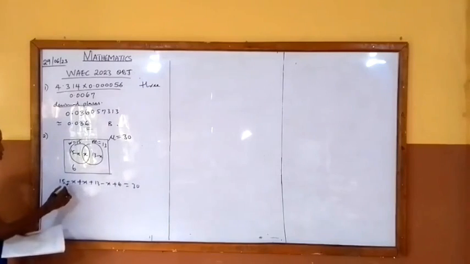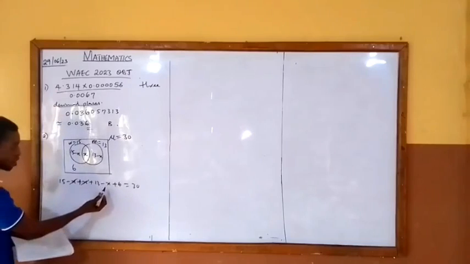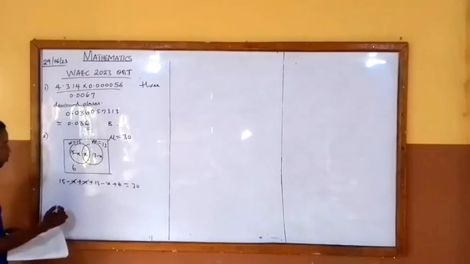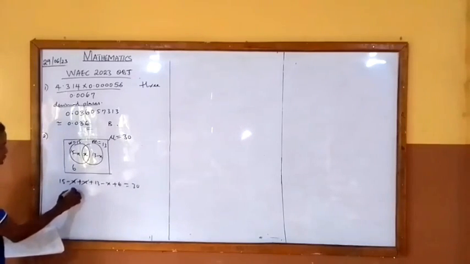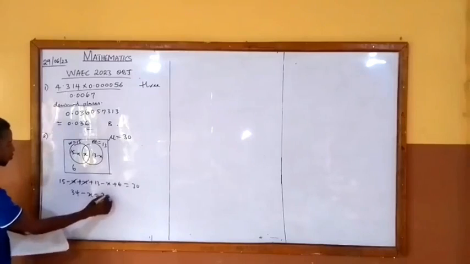Very easy here: minus X plus X cancel out. Then 15 plus 13 is 28, and 28 plus 6 gives you 34. So you now have 34 minus X equals 30.